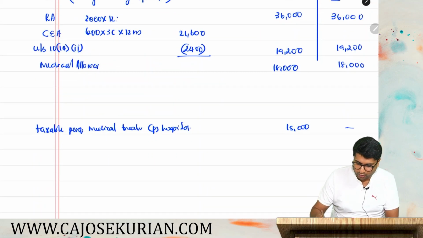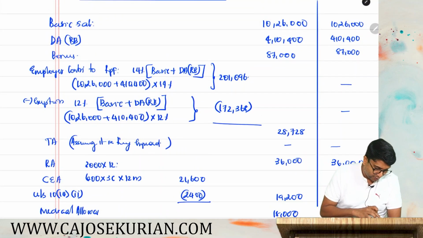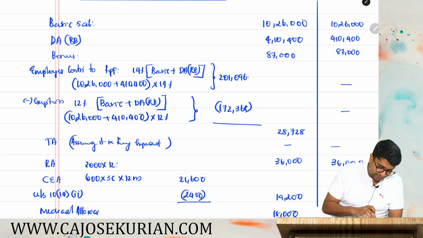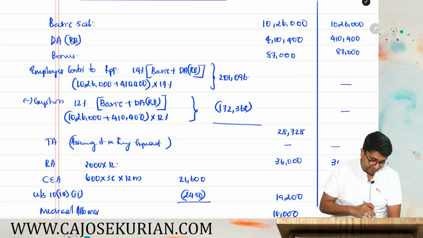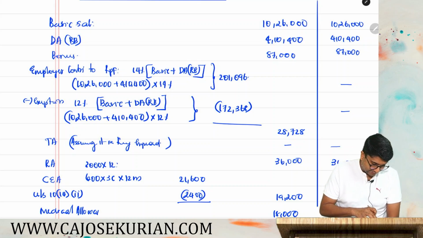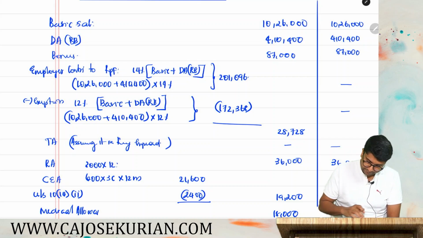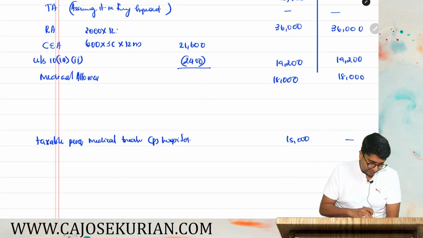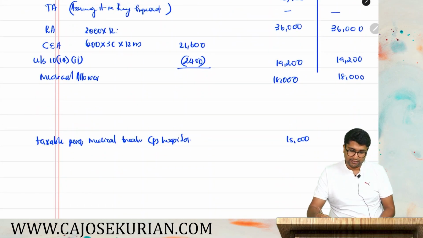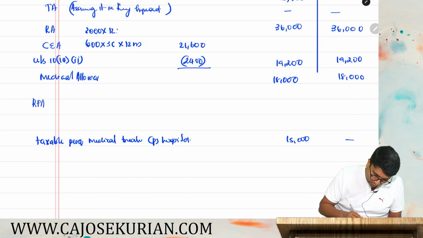So how much is the total for the purpose of valuing rent-free accommodation? 10,26,123, then 4,10,400, then 87,000, then 36,000, then 19,200, then 18,000, and how much is the total? 15,96,600.